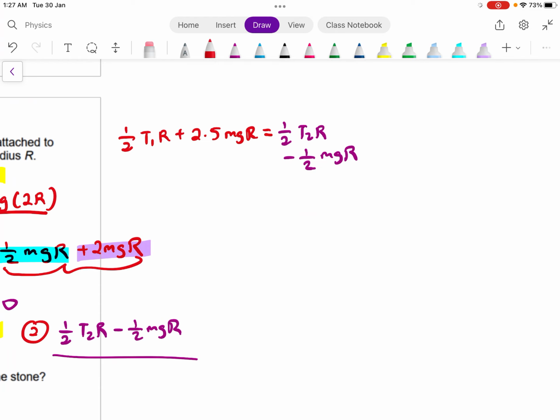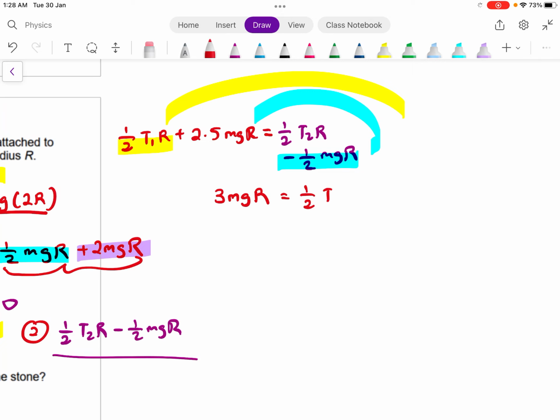What I want to do now is move this over to the right hand side. So 2.5 mgr plus 0.5 mgr gives you 3 mgr. Then the next thing is half T2r minus half T1r. First I want to get rid of the r, because you can see that r is throughout the equation.